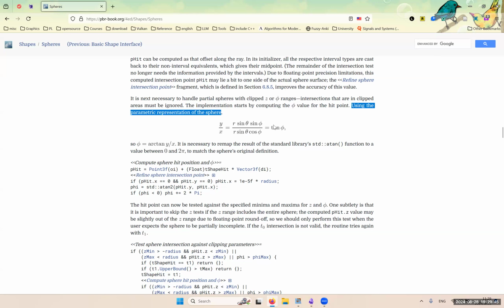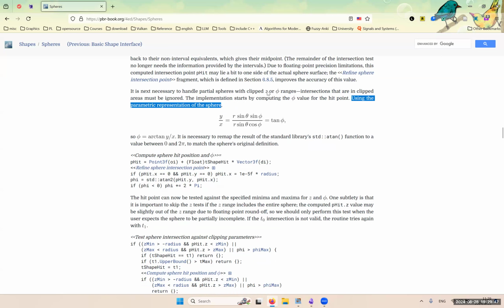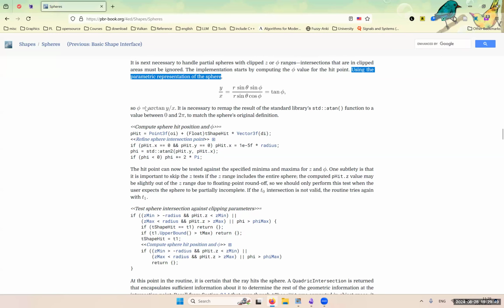Yeah, tangent. So phi is atan2 of y over x. It's necessary to remap the result of the standard library's atan2 function to a value between 0 and 2 pi.